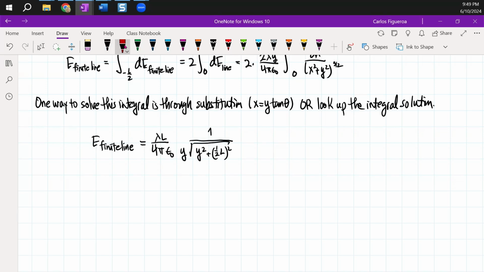This is the field that I end up getting. So the question is, by looking at this, do we see that this calculation is correct? I don't know the answer to that. So then I have to do physics now.